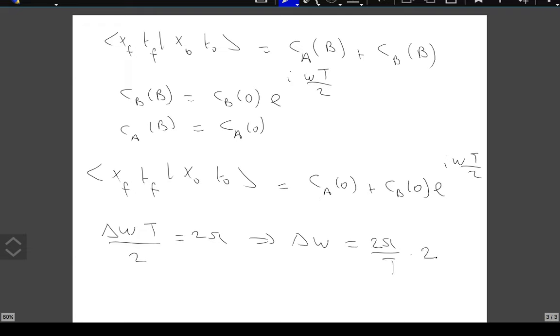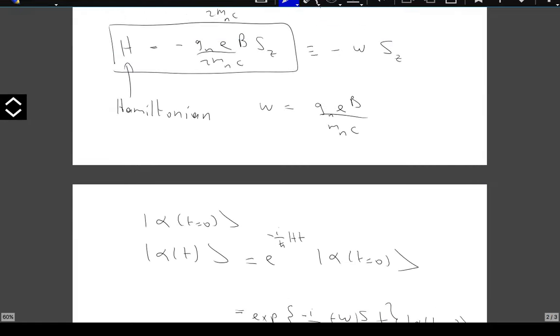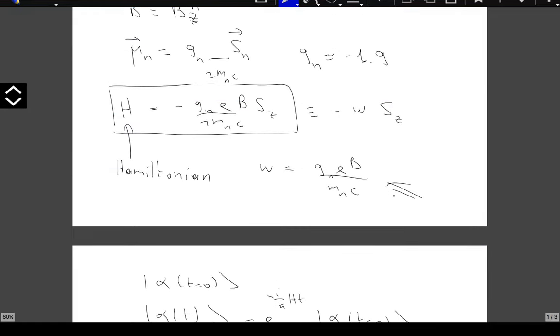Now, for this value of delta omega, you know everything in delta omega. You know the gyromagnetic ratio of the neutron, you know the electric charge, you know Mn, the mass of the neutron, you know c. You can change omega by just changing the magnitude of the magnetic field, B.